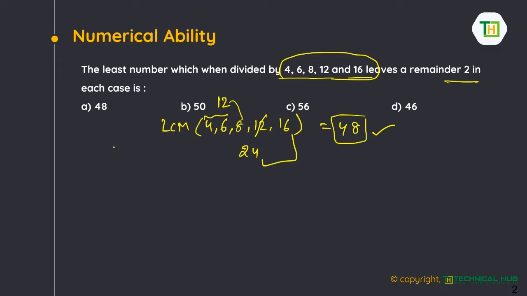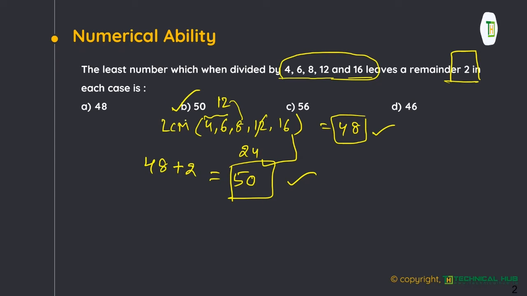If you want the remainder, you need to add that remainder to this exactly divisible smallest number, that is 48 plus 2. This 2 is added because he is saying that there is a remainder 2 in each case. Therefore, our required answer is 50. Option B is the right answer.